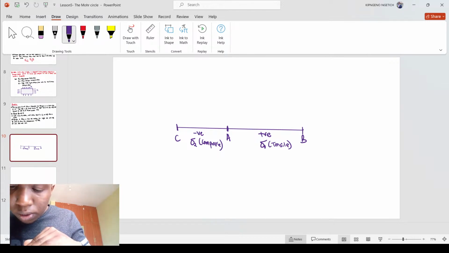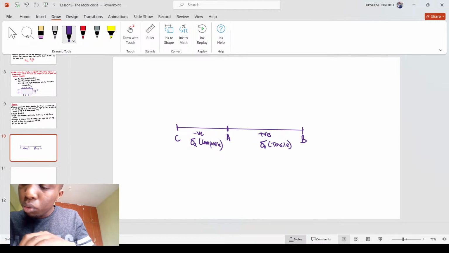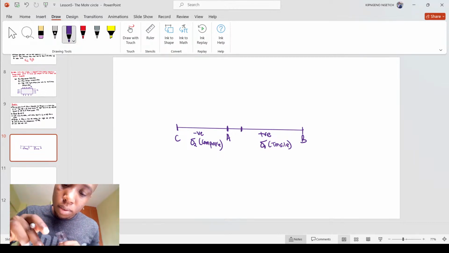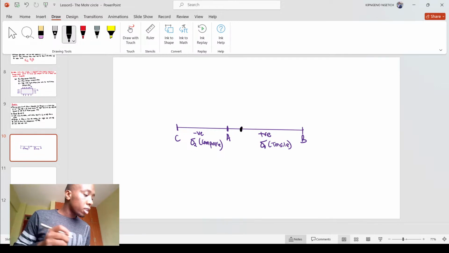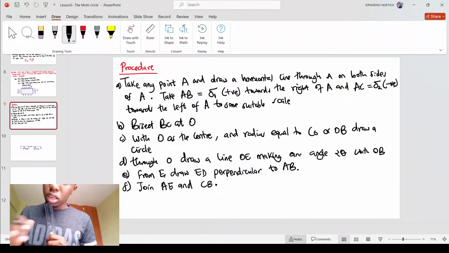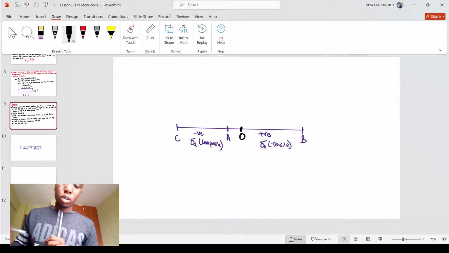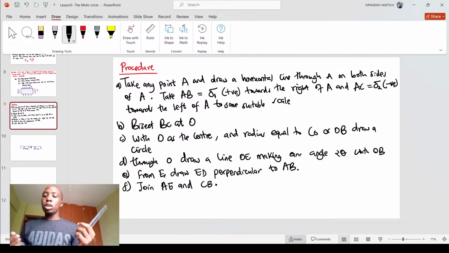BC is 8.6 centimeters, so half will be 4.3, which is right here. We bisect BC at O, so this is now O. With O as the center and radius CO or OB, draw a circle.